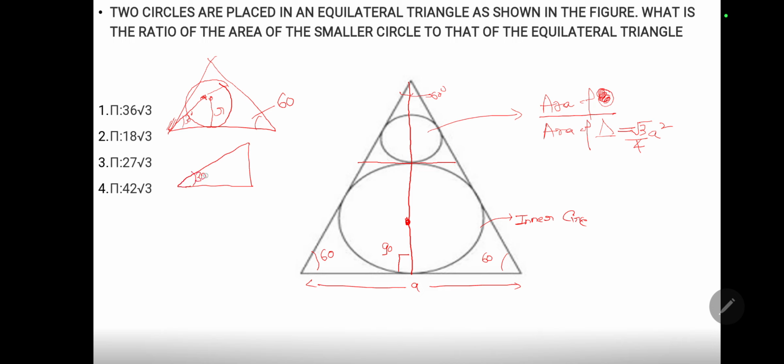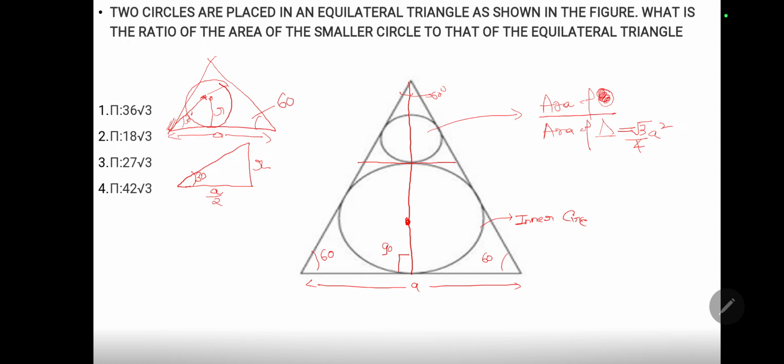This is 30 degrees. This is a by 2, because the whole side is a, so the smaller side is a by 2, and this is the radius.